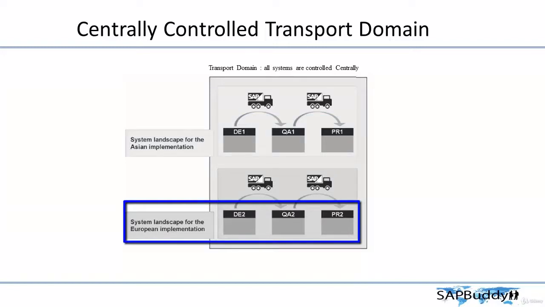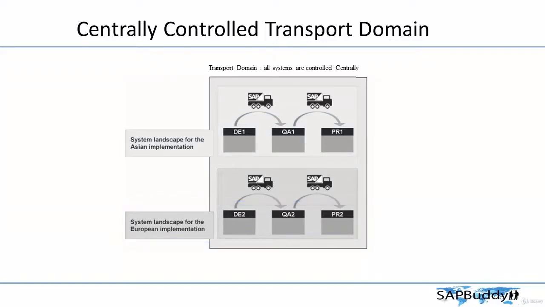Let's assume you have one productive server for Asia Pacific and one productive server for Europe, and you have two different landscapes. However, all the systems are in one transport domain, so that the TMS can be centrally controlled. Okay, you have two development systems.